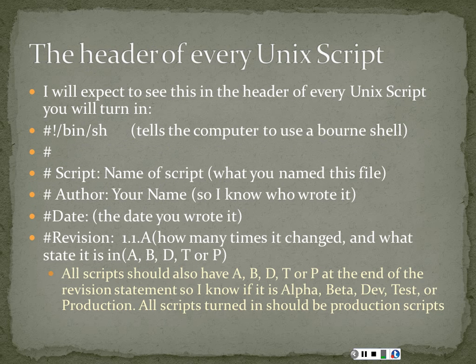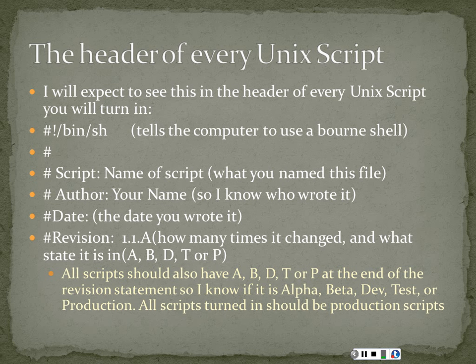Really? All right. Now, when you turn in a Linux script, this is how you keep yourself out of trouble for plagiarism, okay? So pay really close attention to this one. This is how you keep out of trouble. Yes, sir? Negative 0.626. Awesome. All right. I will expect to see this in the header of every script you turn in. If it's not in here, that's massive points off.